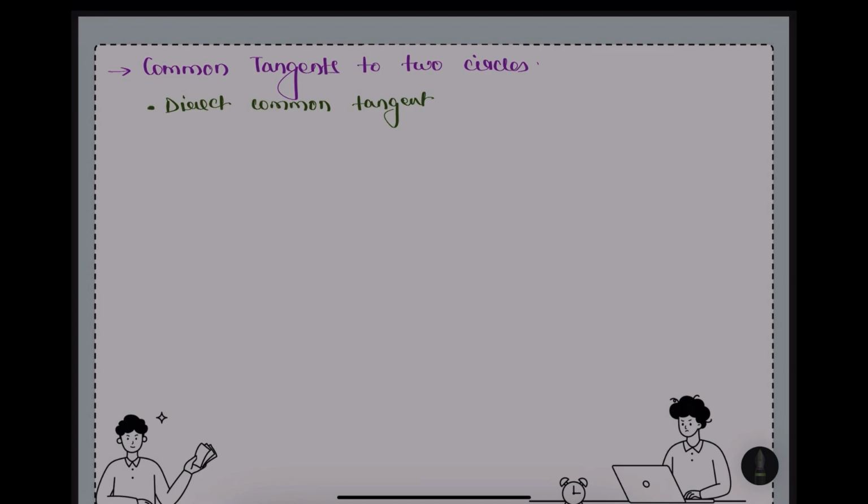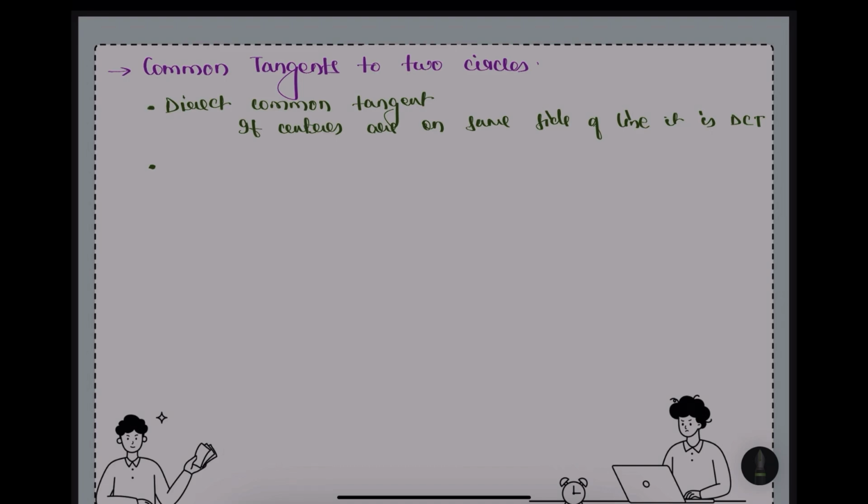So what is a direct common tangent? If the centers are on the same side of the line, it is a direct common tangent. Okay, now you will understand this thing.